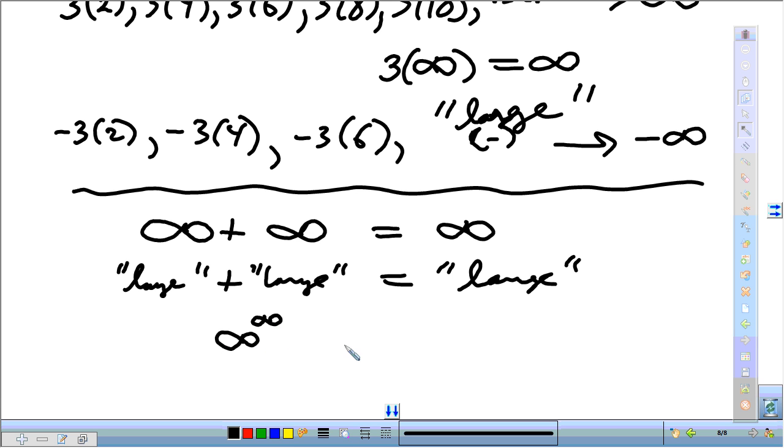Or if we took infinity with an infinity exponent, well, that's still even larger than large, so it's still large. So we have this strange symbolic arithmetic with infinities.